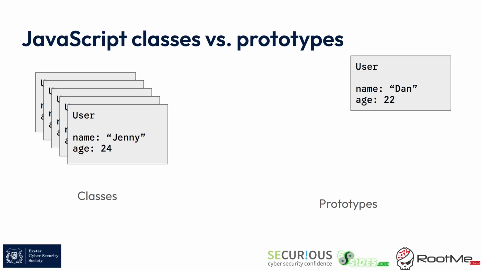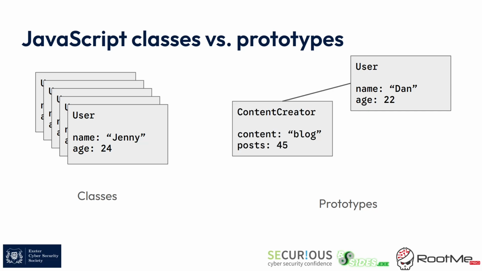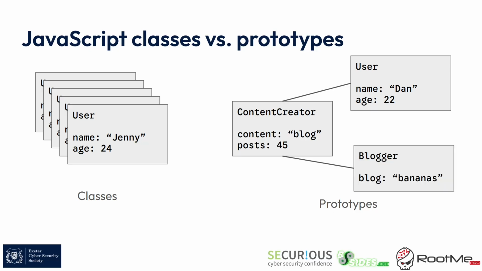In the example here, for classes, the typical use case is I'm assigning a bunch of users the same type of properties. But with prototypes, I can add on properties to an object by using it as its prototype. You can see here that I have a blogger with all of these properties attached to that object, but it uses content creator and user as its prototype.